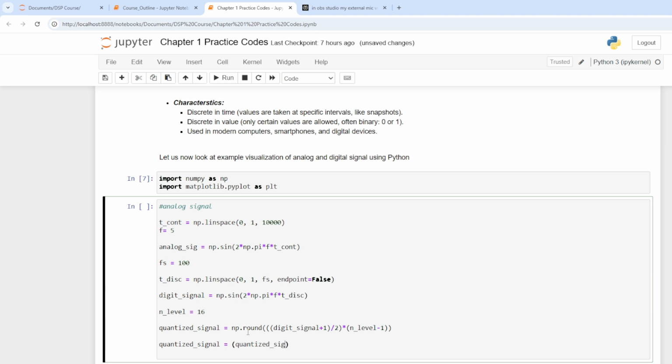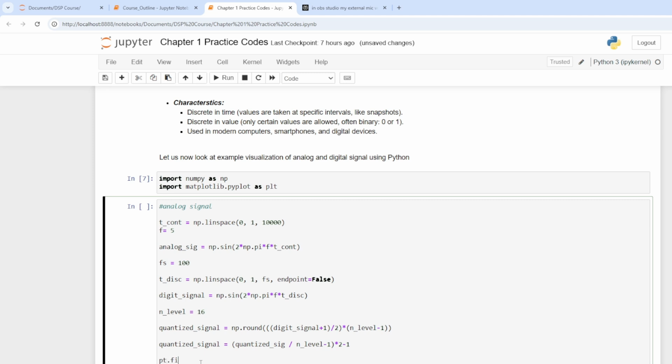So you will see that it will be plotted inside that continuous signal, which will give us a much better representation. So this is how we represent this continuous signal in quantized or discrete form.